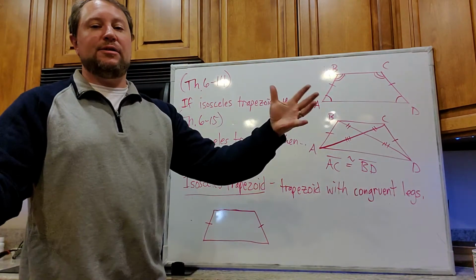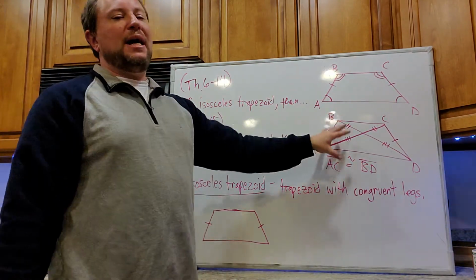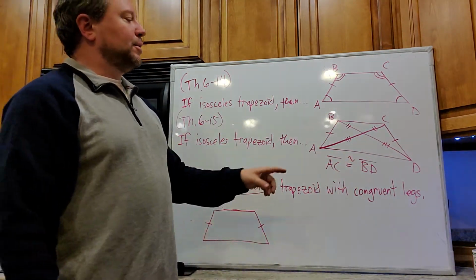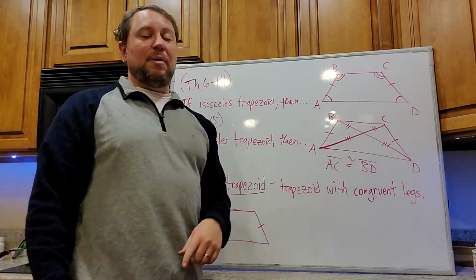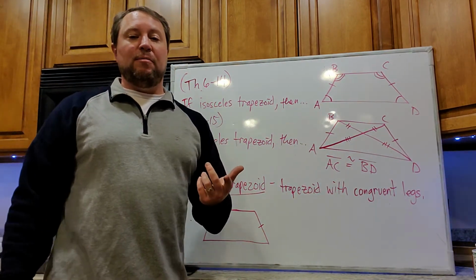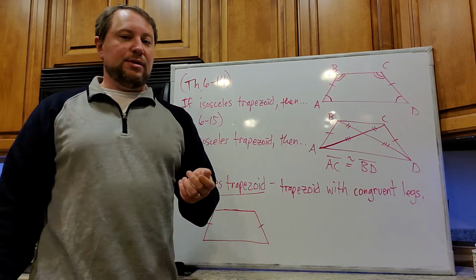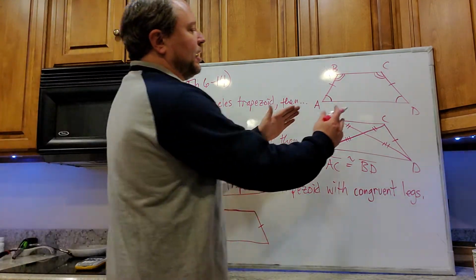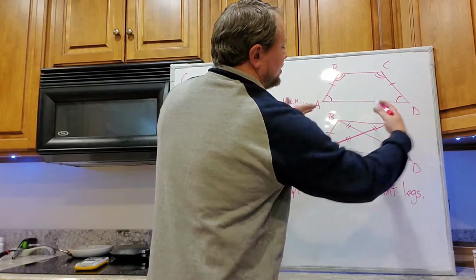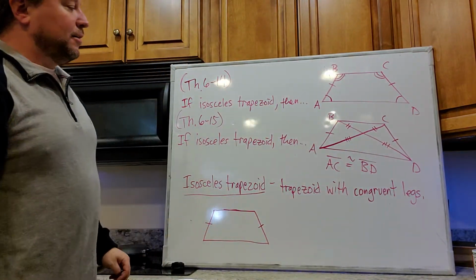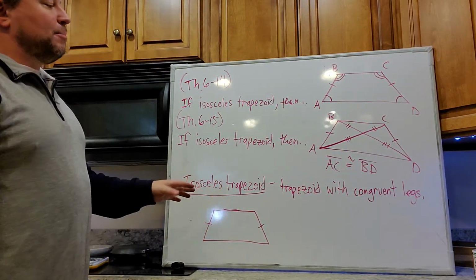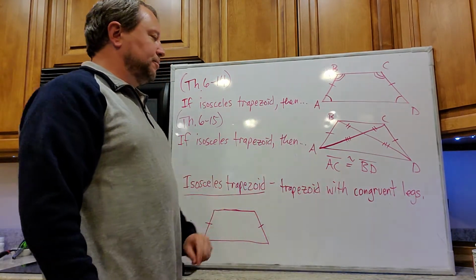So the overall lengths do match, but they do not bisect each other. If the diagonals were congruent and bisected, remember that would make it a rectangle. So this is not a rectangle. It's kind of like a rectangle that's been slanted though, in a sense. But they do not bisect, but the overall lengths do match.